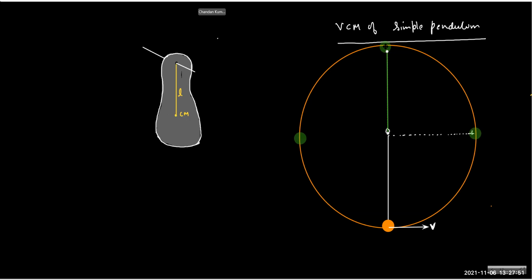So how can we make sure that this will happen? What is the way to make sure that the separation between the bob and the suspension always remains L? What is the mathematical condition which will assure us that okay, L is safe, L will not change? What is the mathematical way of doing this? Tell me.